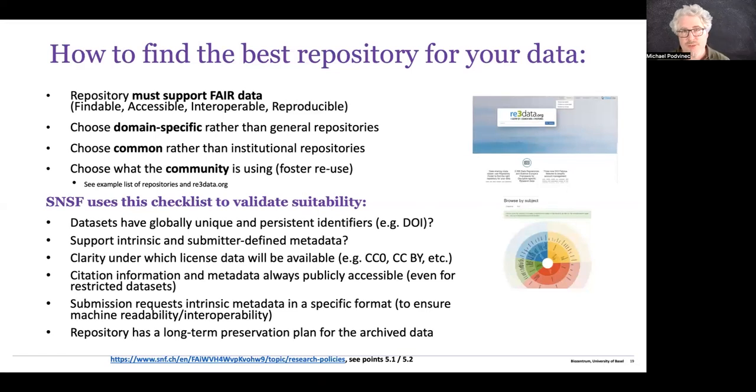To also choose a common repository, something that is operated by some common entity, rather than putting things into the data repository of your institution, if your institution has one, and to see what other people in your community are using as repositories.